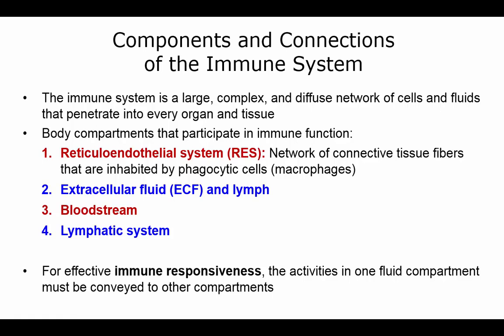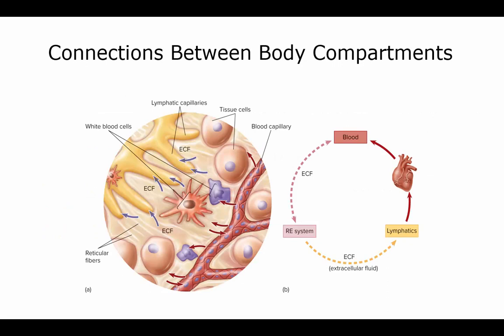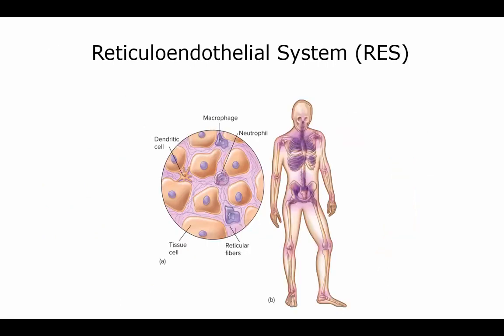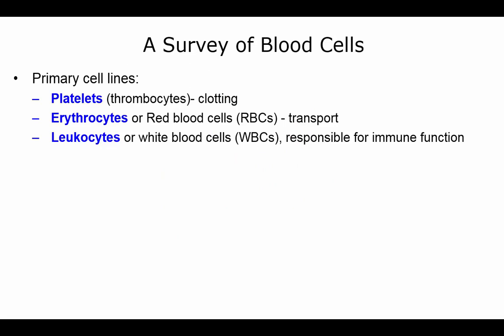We also mentioned extracellular fluid, also known as ECF, lymph fluid, the bloodstream, and then the lymphatic system. These are the different compartments that contain all these immunoresponsive cells that play a huge role in recognizing self from foreign and then attacking the foreign entities. You can see some pictures here of those things.